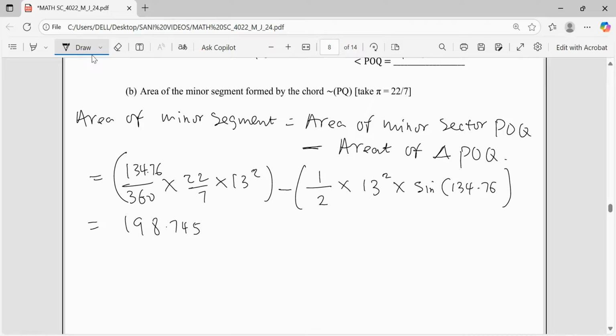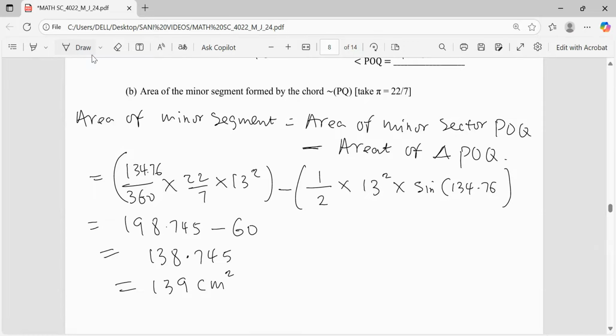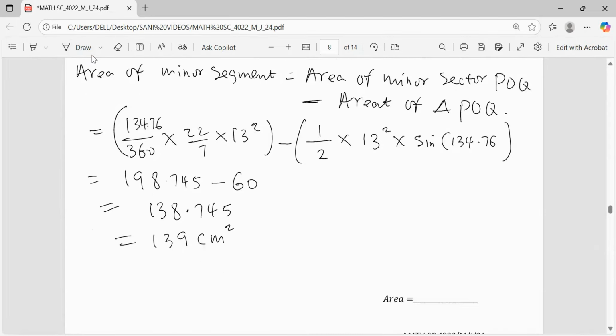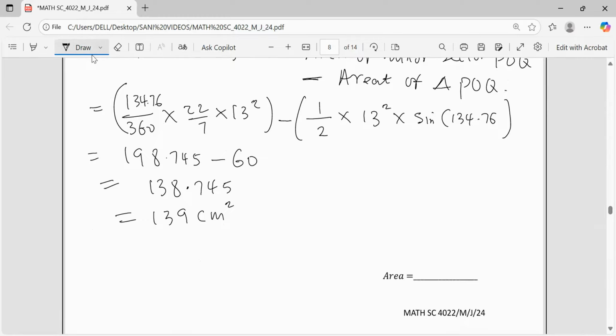So 198.75, and we have minus 60, which will give us 138.745. That equals 139 centimeters squared to the nearest whole number. So the area of the minor segment is 139 centimeters squared.